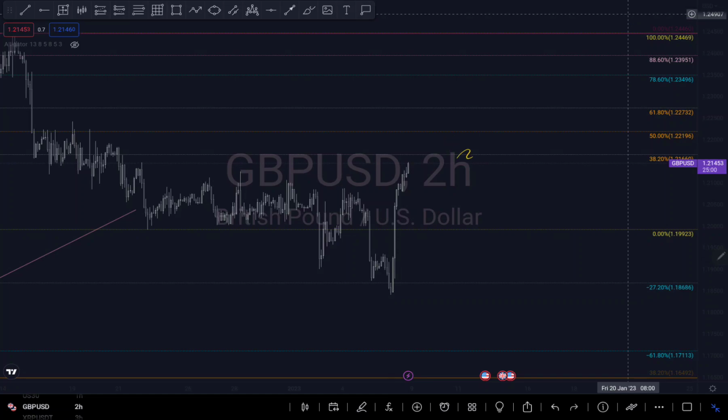I wanted it to at least retrace a little bit, so I'll have more data for my fib, so we can have the point A, the point B to draw my fib, right? So I want it to reverse a little bit, and when it reverses, I'm going to draw my fib, then I will know my target.